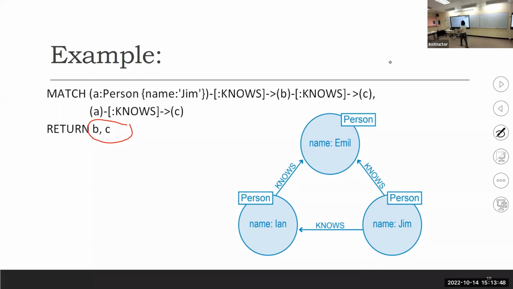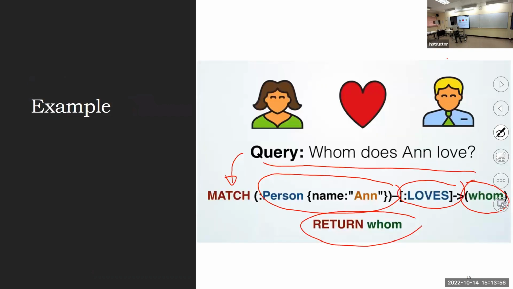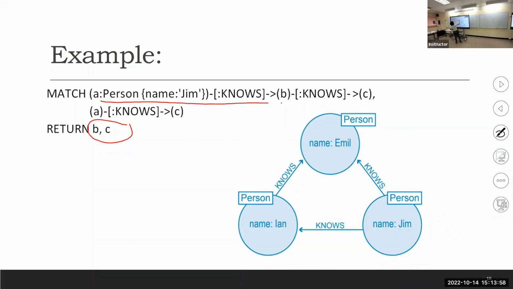Yes. I think this is pretty straightforward, right? First, Jim knows B. So actually the person Jim knows could be both Ian and Emil. These are candidates for B, but B must also know C. If we get Emil as B, Emil doesn't know anybody else, so Emil does not satisfy this filtering condition.